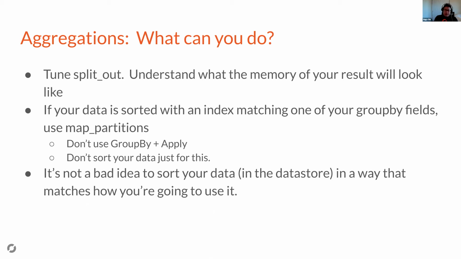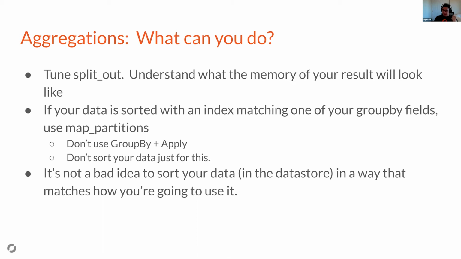If your data is sorted, it can be tempting to just say, well, I can just use group by and apply. The reason why that's tempting is because Dask group by aggregations currently don't take any advantage of knowing that your index is sorted. Grouping by and applying does, so group by and apply will be implemented as a map partition if your data is already sorted.